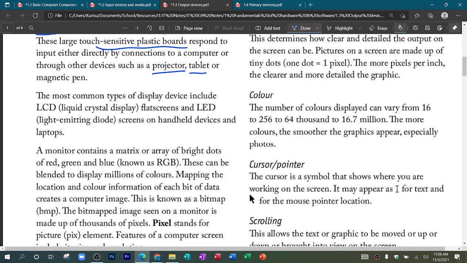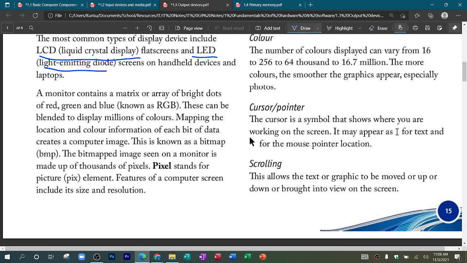You have to remember what the types of displays are. The most common examples are the LCD, liquid crystal display, and the LED, light emitting diode display. Those are the two common types. You have to remember what a pixel is. A pixel is the smallest element on the screen, that red, green, and blue, RGB, that gives you the color on the screen. The combination of those colors gives you your image.